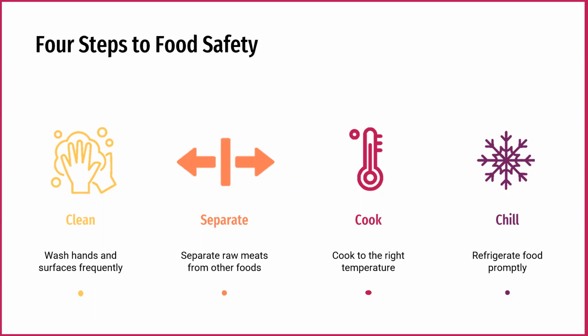You can keep you and your family safe from food poisoning at home by following these four simple steps. Cleaning means washing our hands and surfaces frequently, separating our raw meats from other ready-to-eat foods, cooking our food to the right temperature, and making sure we refrigerate our food properly so it's cooled to a proper temperature.